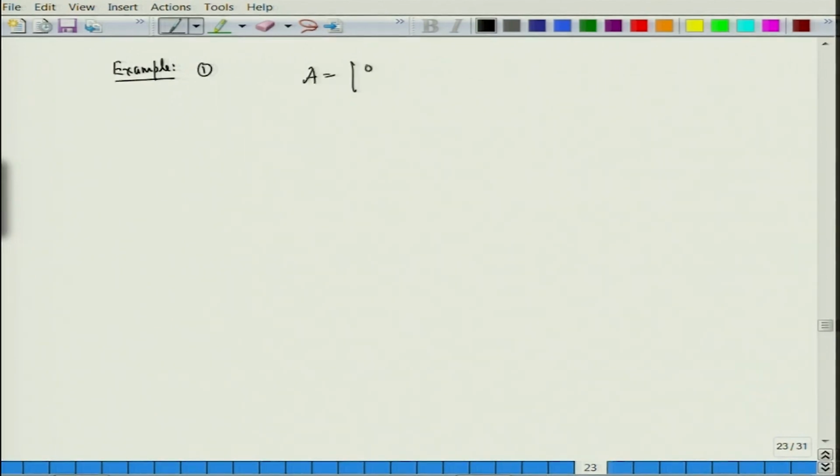The first example, you already have that. If I look at this matrix 0 1 0 0, we have only one linearly independent eigenvector, which was E1, corresponding to 0.